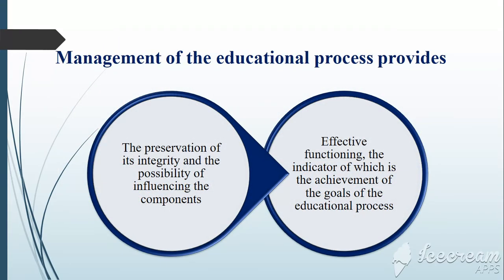Management of educational process provides the preservation of its integrity and the possibility of influencing the components. Effective functioning, the indicator of which is the achievement of the goal of the educational process.